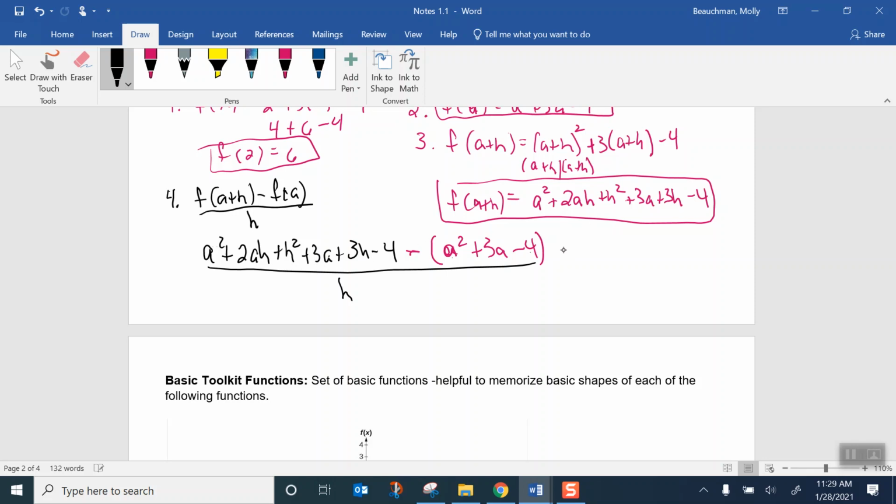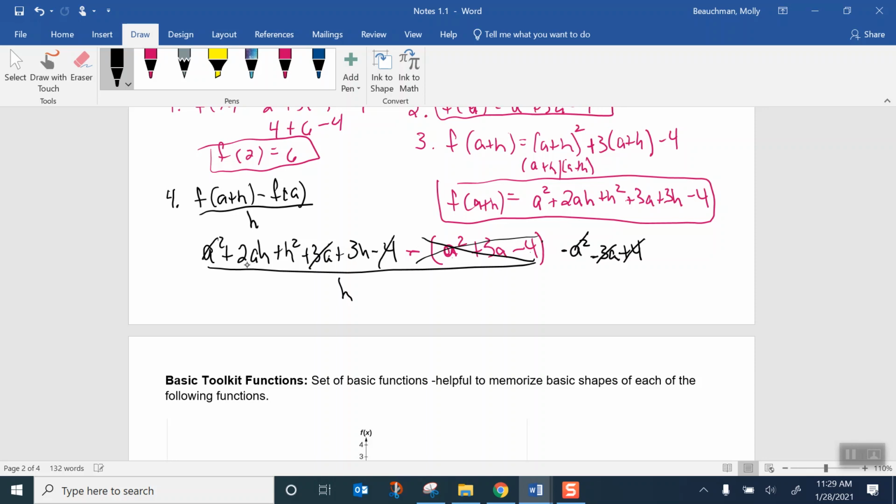Distribute the negative, I end up with minus a squared minus 3a plus 4. And now add like terms. So I have a positive a squared, a negative a squared. They cancel each other out. I have a negative 3a and a positive 3a. They cancel. A negative 4 and a positive 4 cancel. Everything in your minus f of a will cancel with something on the left.